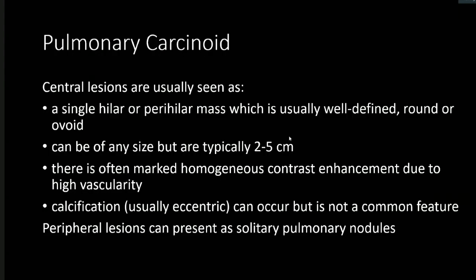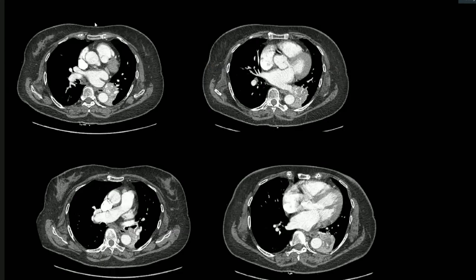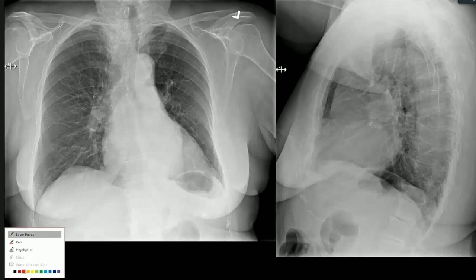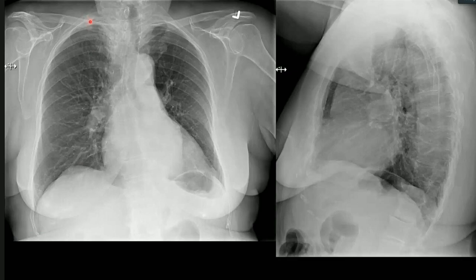So the first thing that you said on this radiograph, I just wanted to explain. What do you think about the cervicothoracic sign? That's a very important thing. I'm talking about the cervicothoracic sign.